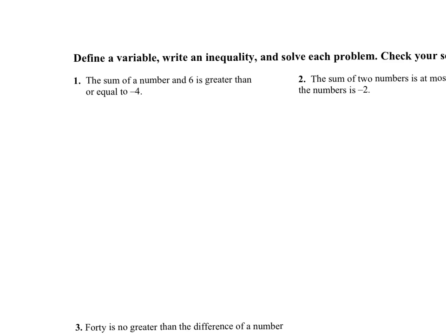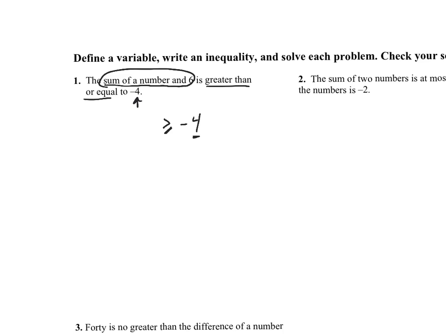The easiest way that I like to do this one is to find out what we're greater than or equal to first. So here my magic number is negative 4. So I'm going to put negative 4, and whatever expression I have on the other side of that is going to be greater than or equal to that number.